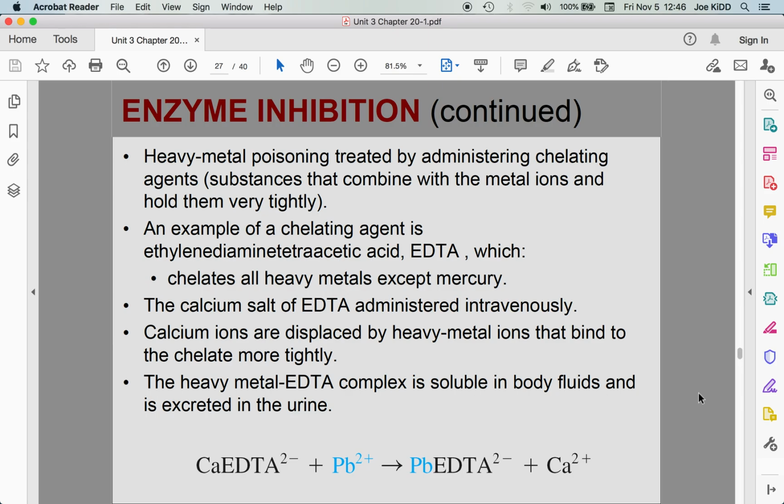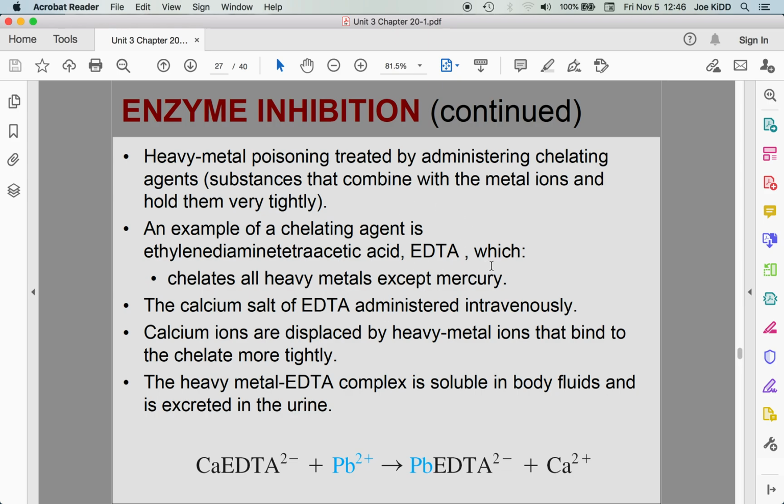However, there are treatments where we have basically metal scavengers that will go through and hold tightly to the free metal in your body before it can get chelated to anything else in our body. One of the very popular ones to do this with is EDTA. You will see EDTA in a number of different food products.